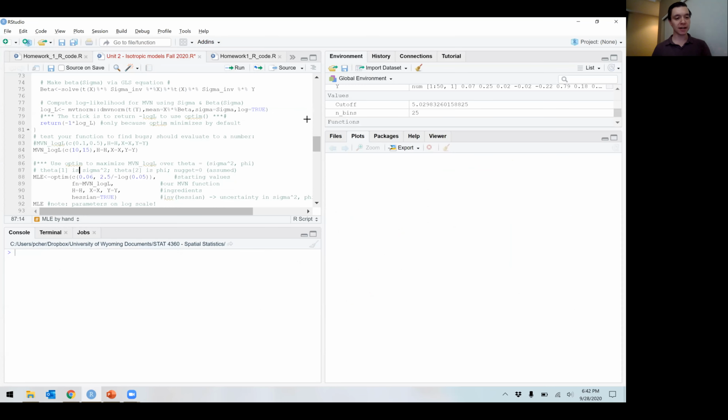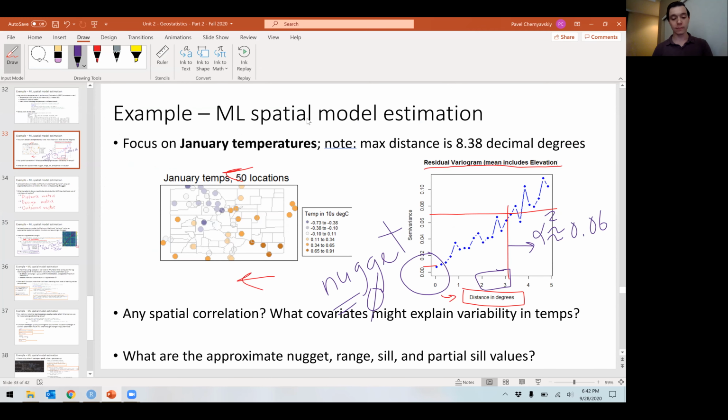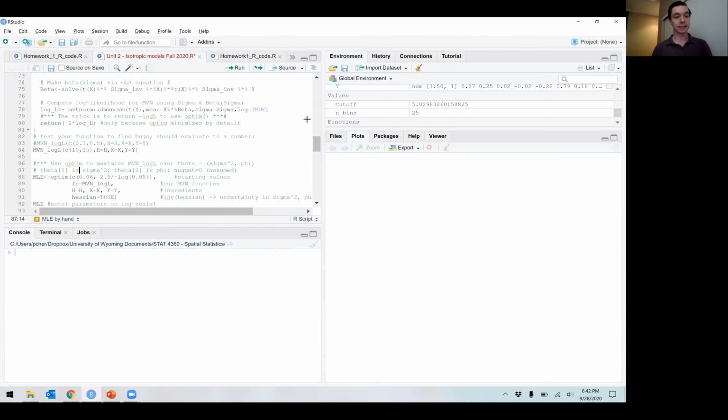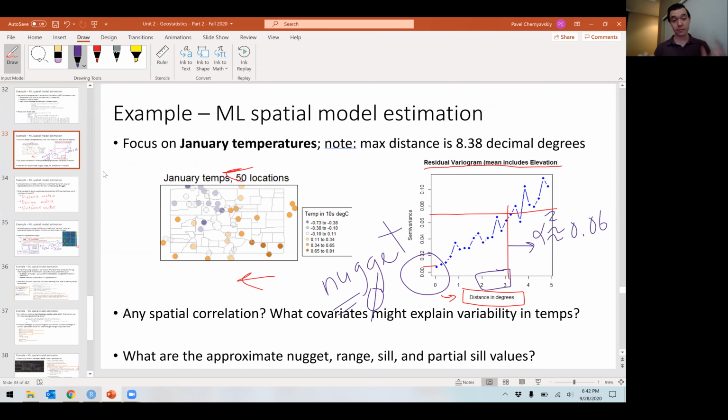So I clearly thought that my range was 2.5, because if I am imposing the exponential correlation function, then I need to provide a reasonable value for phi.